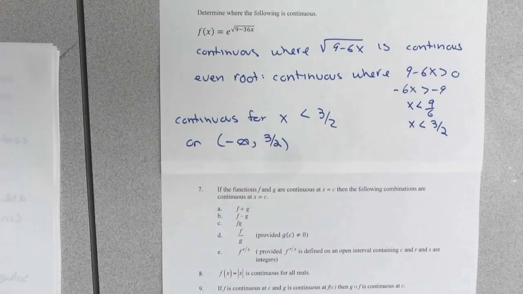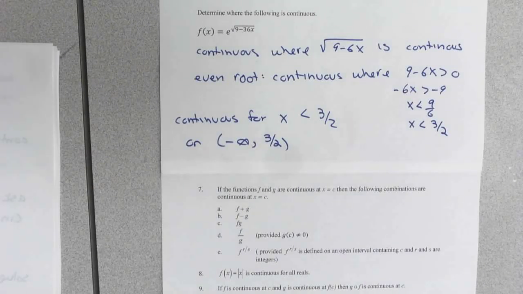So rule 7 is basically saying that if two functions are continuous at a number, pretty much whatever way you combine those two functions, it's still going to be continuous. The continuity is preserved through adding, subtracting, multiplying, dividing, exponentiation, square roots and that sort of thing.